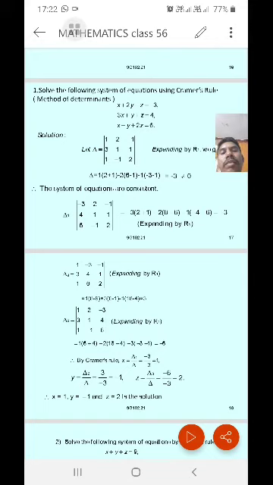First one is positive, but 3 itself has a negative symbol, so plus into minus minus. And coming to the second element, after positive we have the negative sign, or you can say it's the cofactor. That's why I already explained how to find the determinant.